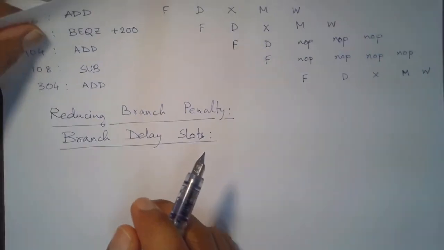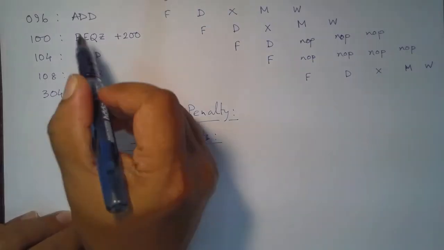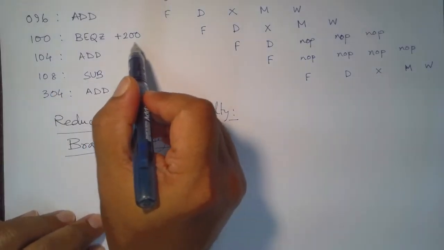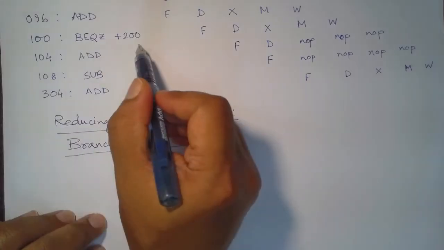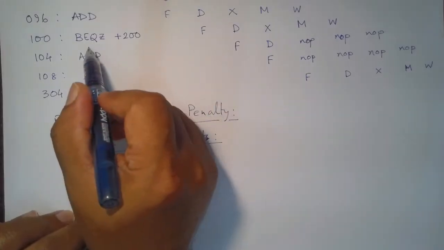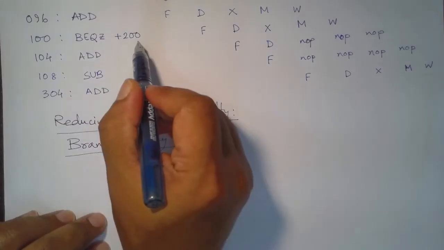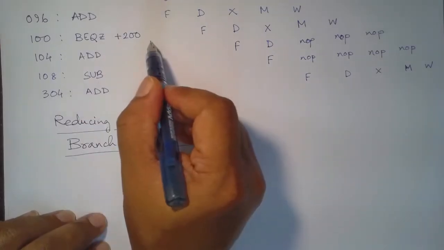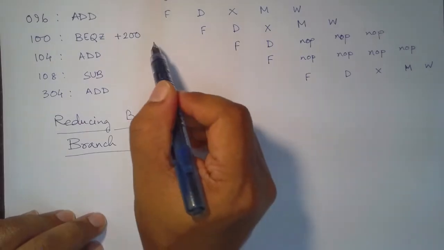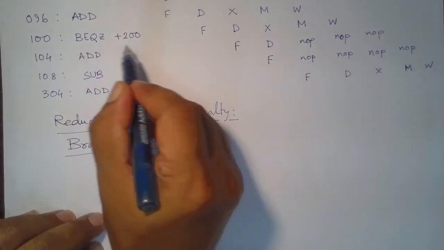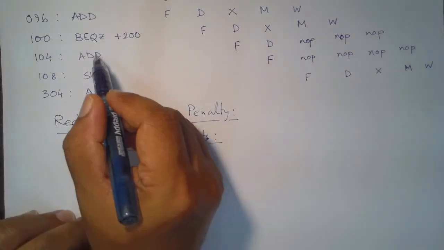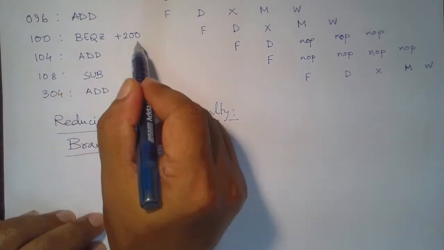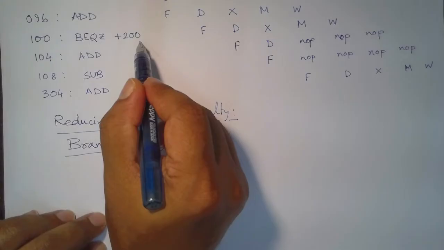What do I mean by that? For example, when the compiler or the programmer is writing this instruction, he knows that this branch will be taken, or at least for many of the cases the branch outcome will be known. If it is not a very conditional thing where the variables are changing, then except in those situations, the outcome of the branch will be known to the programmer.